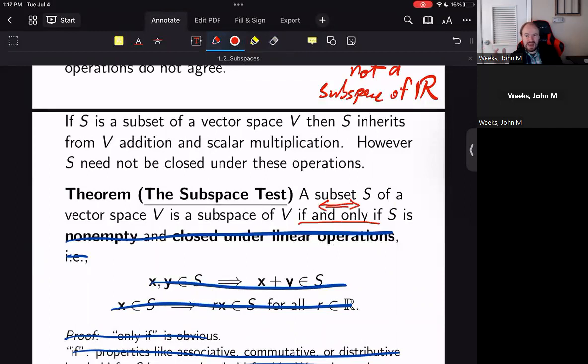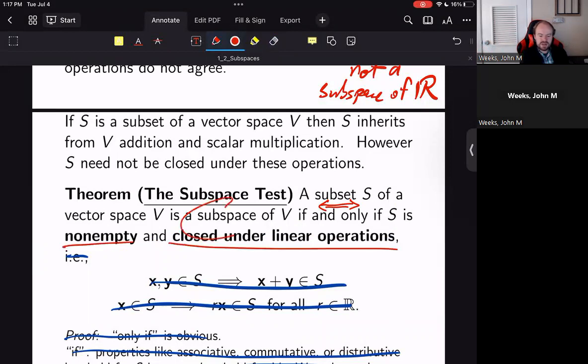If you have a subspace, you know it's non-empty and closed under linear operations. And if you have a subset that is non-empty and closed under linear operations, you can go backwards and say that it is a subspace. That's what we mean when we say if and only if.